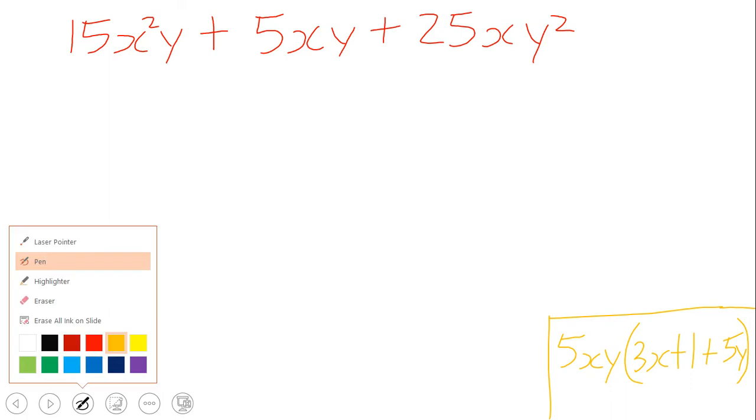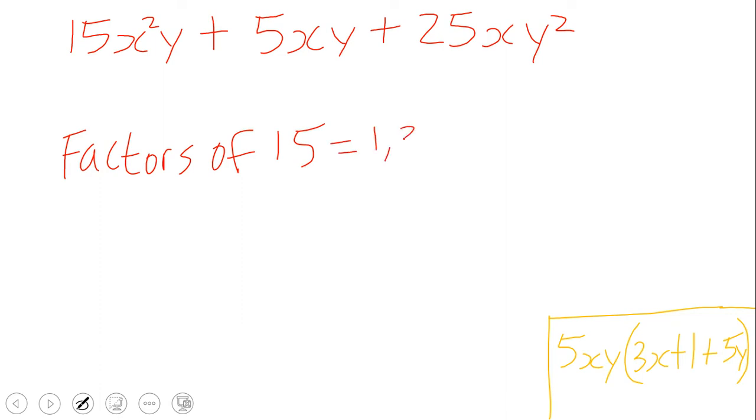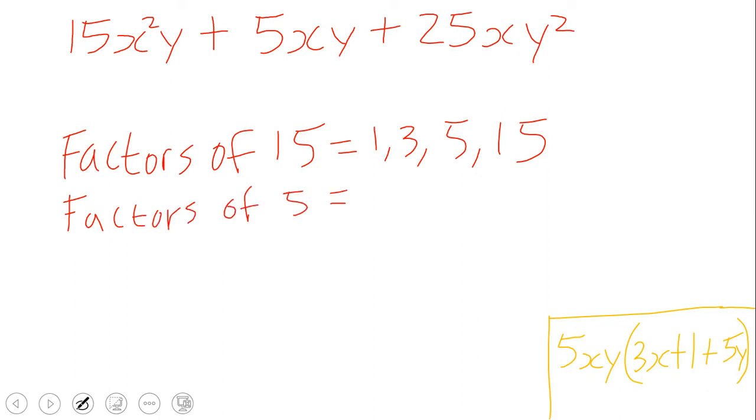All right. So let's look at the factors, right? Factors of 15 are going to be 1, 3, 5, and 15. Factors of 5 are going to be 1 and 5.